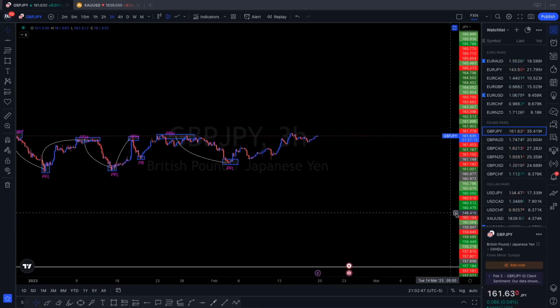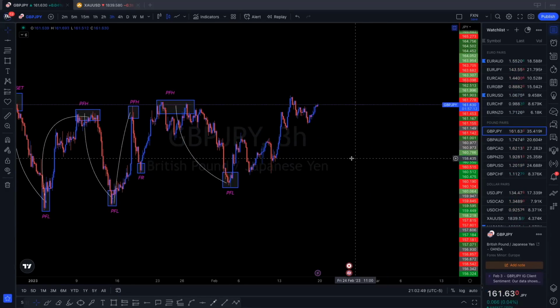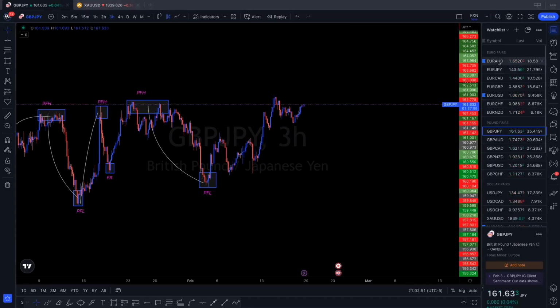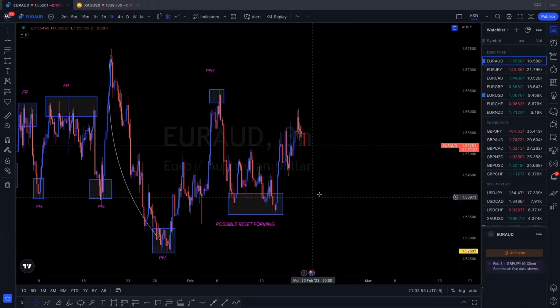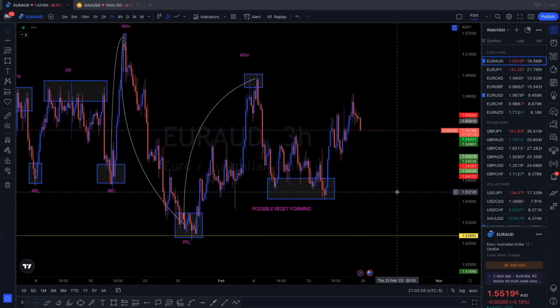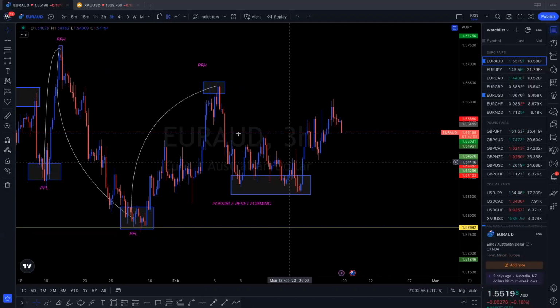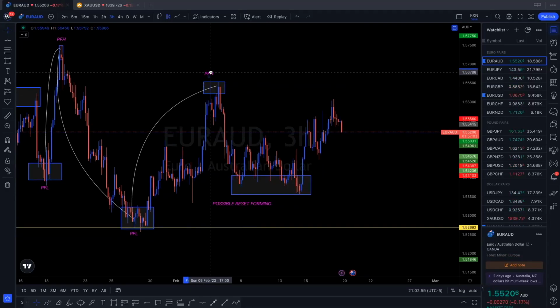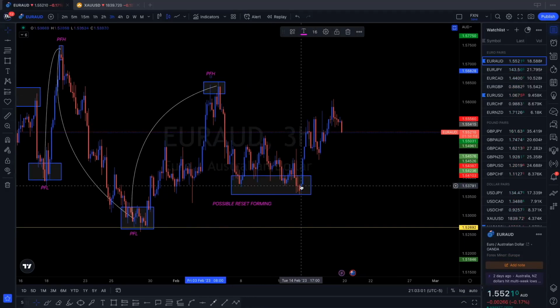Another thing to notice about resets is, just look at the most recent price action that we have going here. You're coming off a peak formation high, and then you're expecting sells, but you end up getting buys.